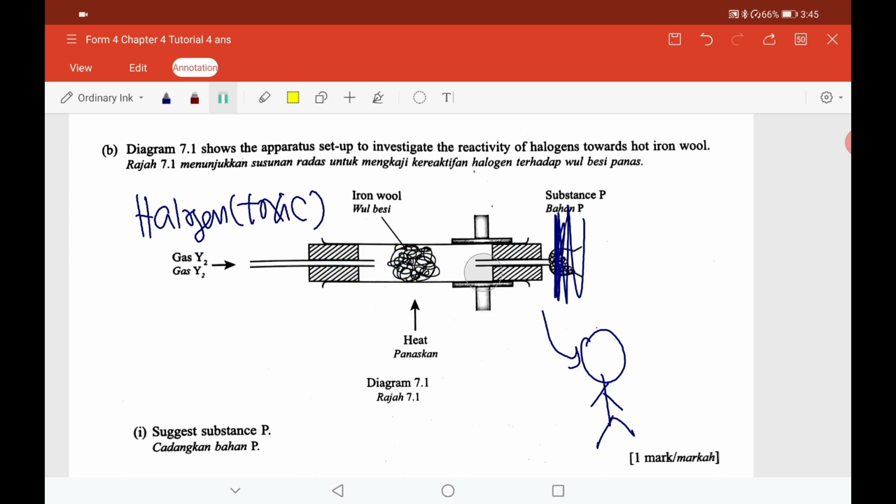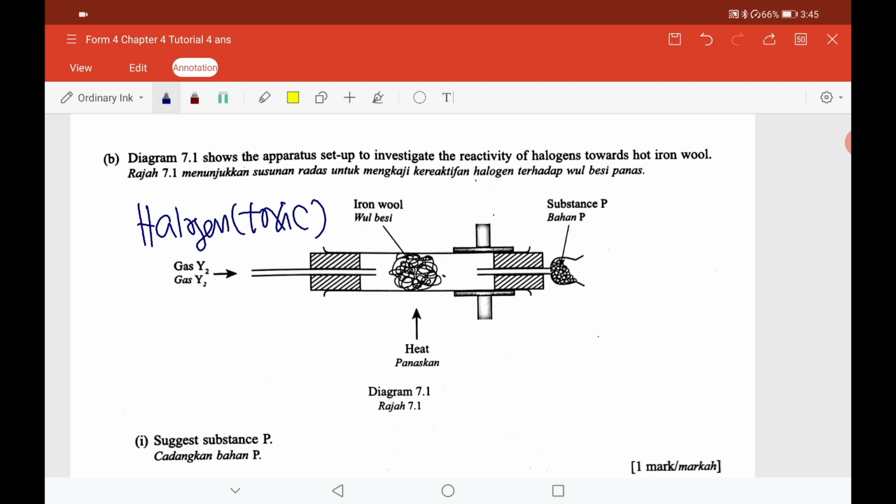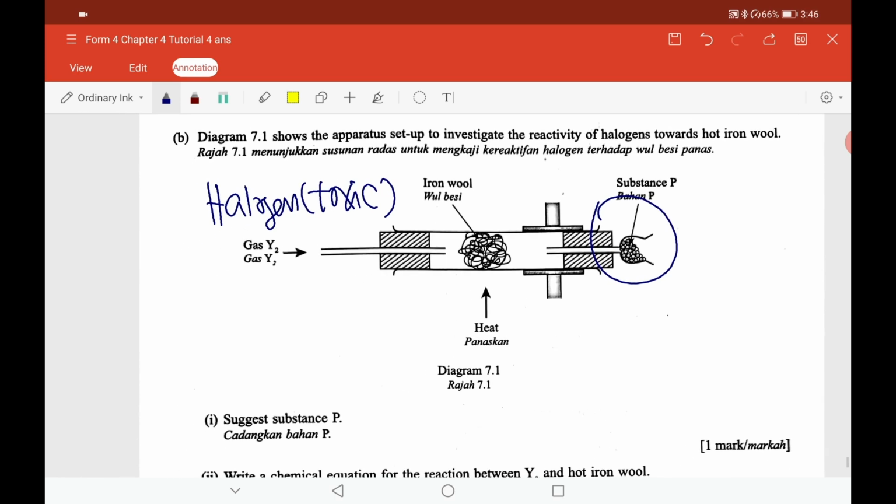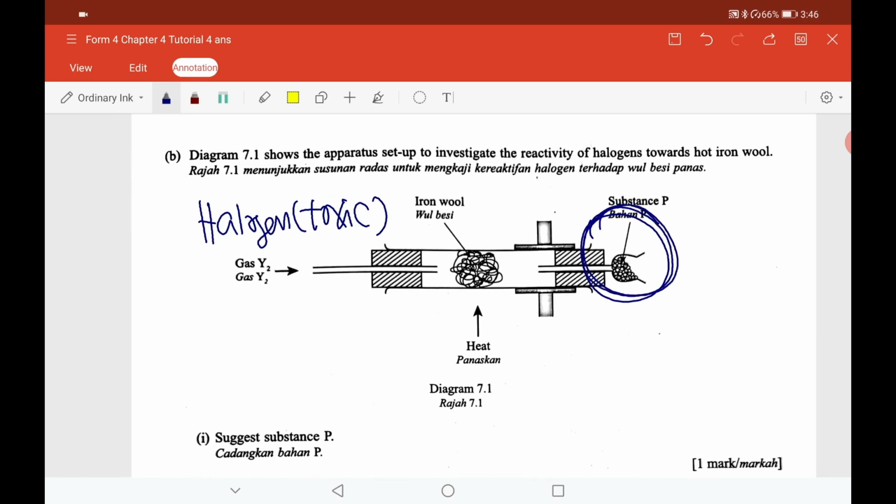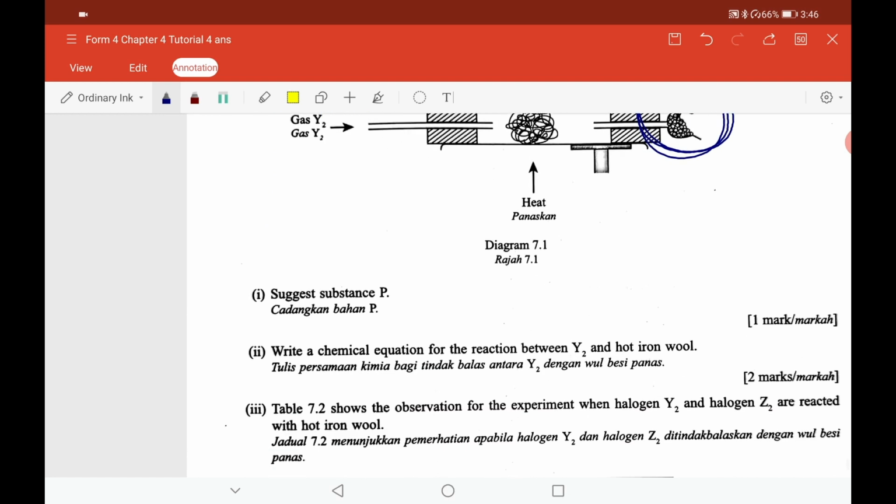So always remember, halogen gas is toxic, and we don't want to let it run to the surroundings. We need something to absorb the extra halogen gas. All the extra halogen gas will be absorbed by substance P. Substance P is soda lime. That is the one.